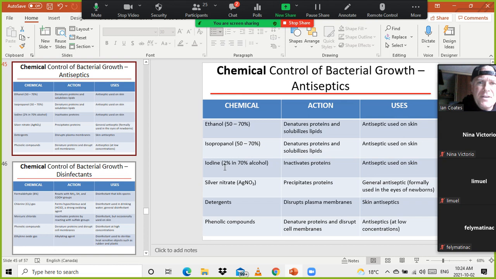We just use isopropyl alcohol. Hydrogen peroxide is another good one. If you've got kids and a kid gets a cut, put a little hydrogen peroxide on there and it doesn't hurt. You'll see a little bubbly fizz, and then you put a Band-Aid over it. Good one there. No tears. Silver nitrate is another one. Detergent, soap.